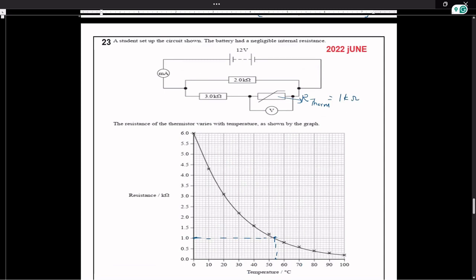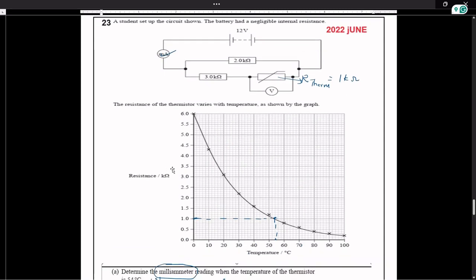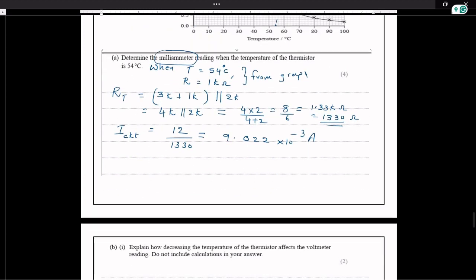So to convert amperes to milliamperes, you multiply by 10 to the power of 3, or 1000.